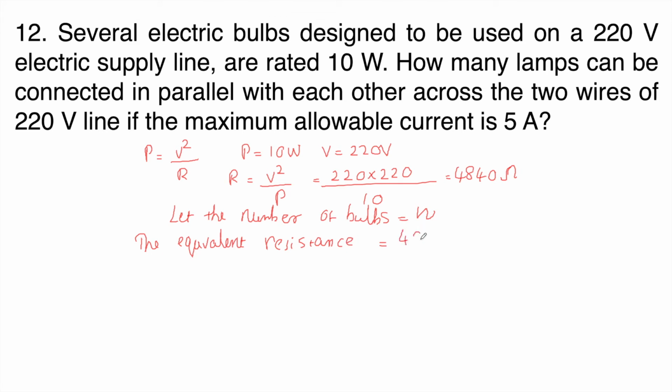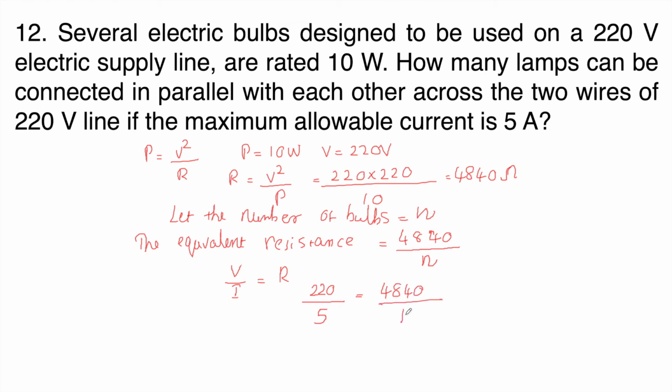So the resistance will be 4840 by n. And actually what is resistance? That is V by I. V by I is equal to R. This is Ohm's law. So we can equate this value with V by I here. What is the V here? That is 220. What is the I here? It is 5. And what is the R here?